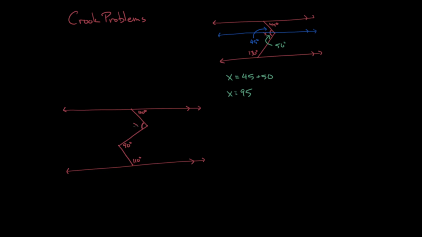What I'm going to do is the same thing that I did before, and I'm going to add in these lines that are parallel to my given lines so that I can solve for some things along the way. It's just that I have to do it multiple times now. So for example, let me draw right through here. That's one of my parallel lines, goes through this point, and I have another parallel line that goes right through here, also parallel.